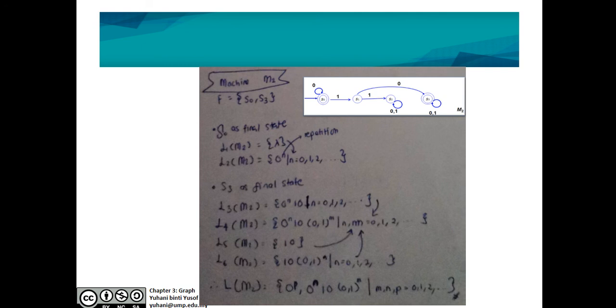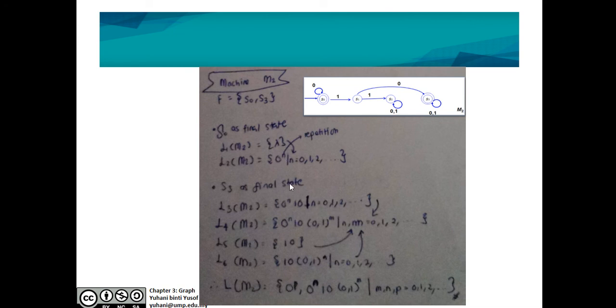So next, what we need to do is cross out L3, L5 and L6. Now what we have is L2 and L4. Is L2 in L4? No, because L4 must have 1 0. So we need to combine these two. So the language generated by this machine is 0 to the p.